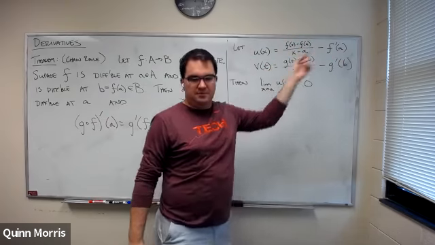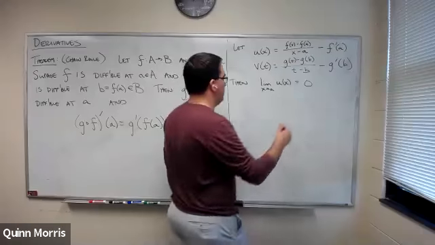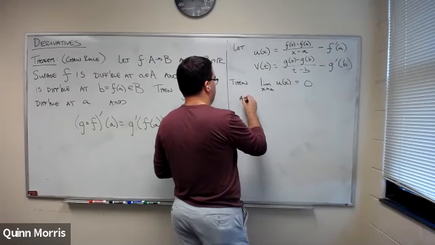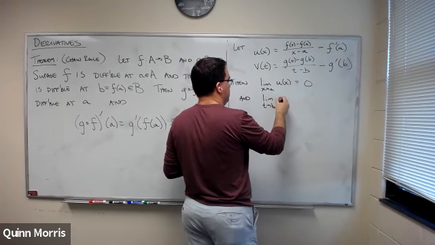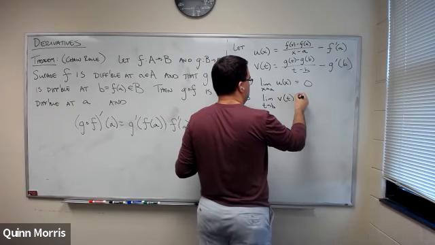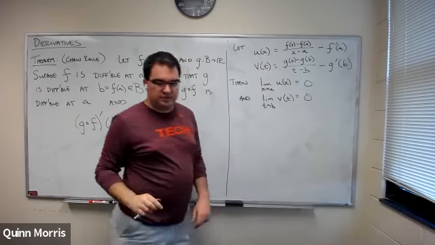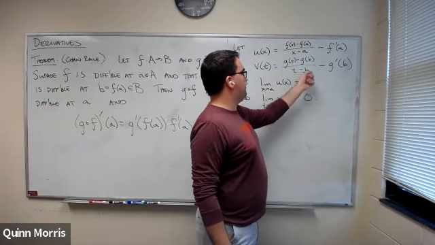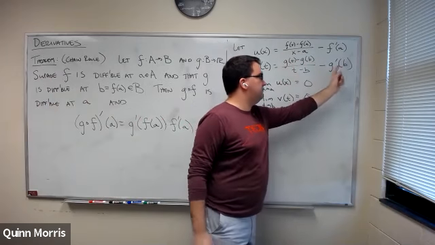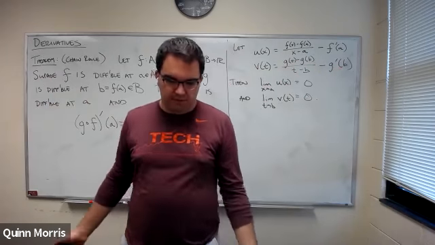So I just get f prime of a minus f prime of a, which is 0. Similarly, the limit as t approaches b of v of t is equal to 0, for the same reason. As t goes to b, this function approaches g prime of b, and g prime of b minus g prime of b is 0.